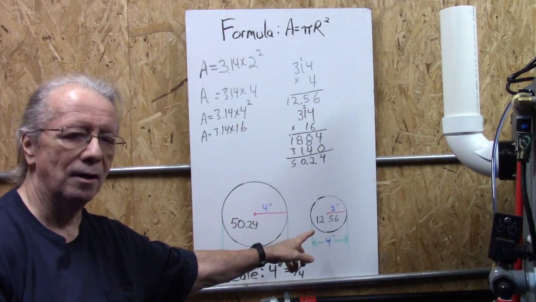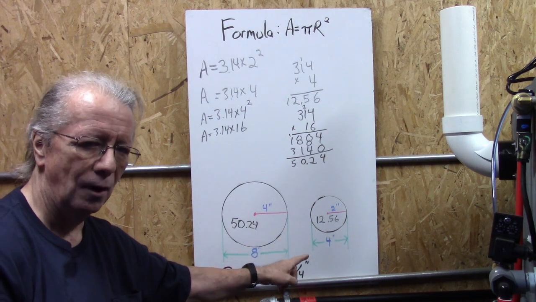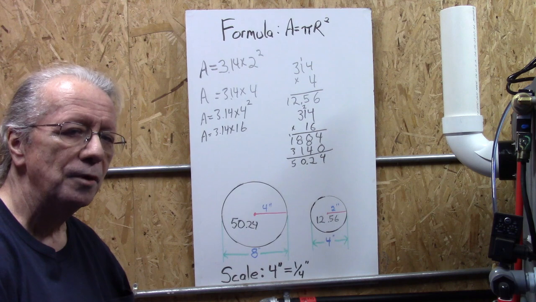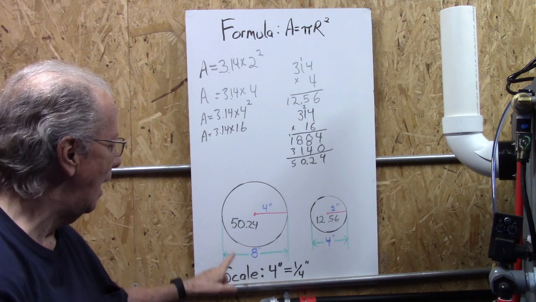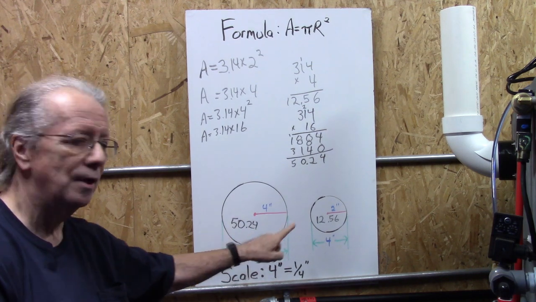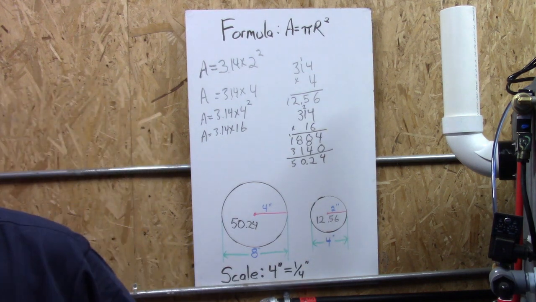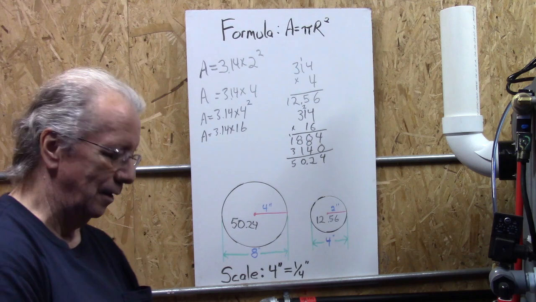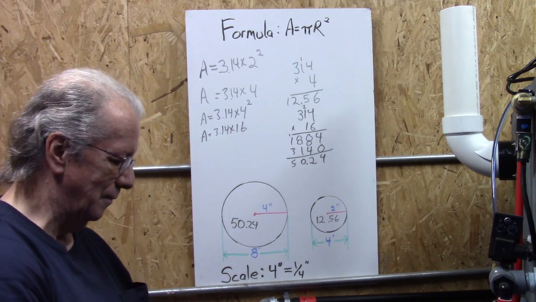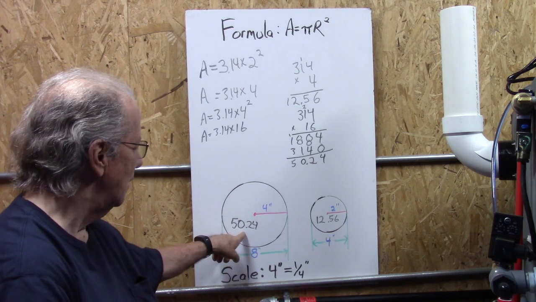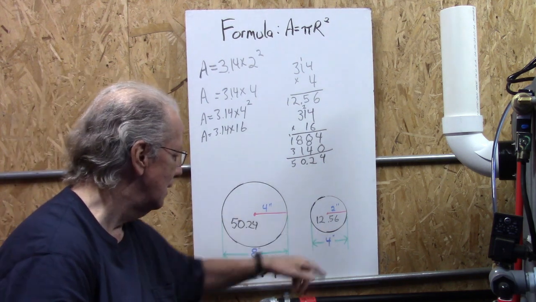All right, and yes, before anybody starts hammering away on the keyboard, you're right. This is not the area of that 1/4 inch hose, and this is not the area of the 1/2 inch hose. What I want to know is the relationship between them. How much larger is this one than that one? The way we would do that, I'm going to cheat and use my calculator. So we want to see how much bigger this is than that.